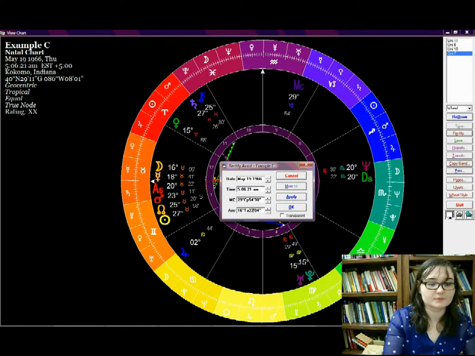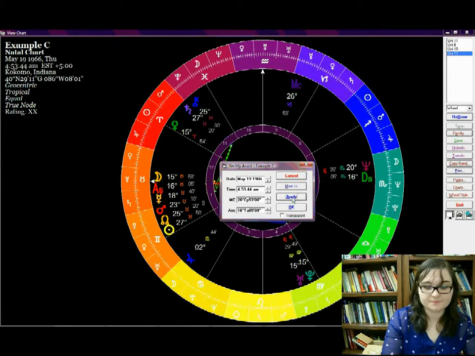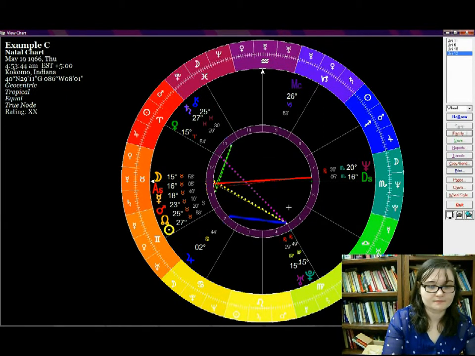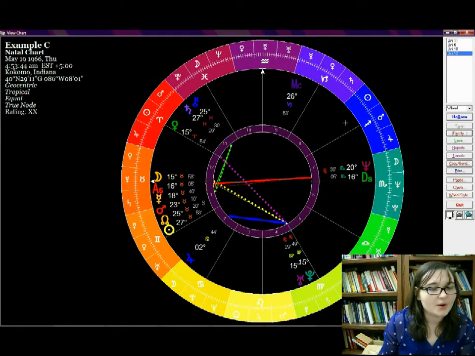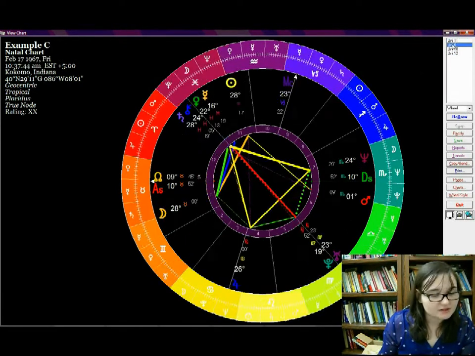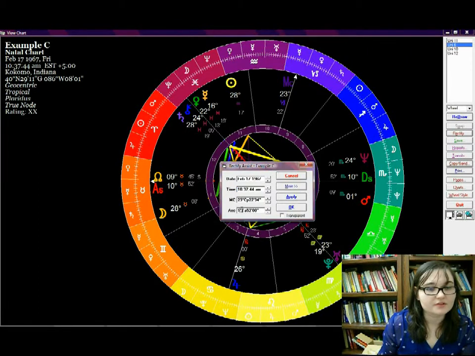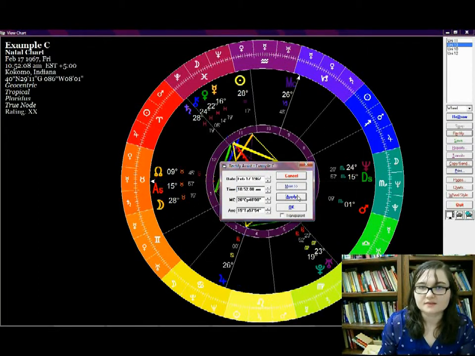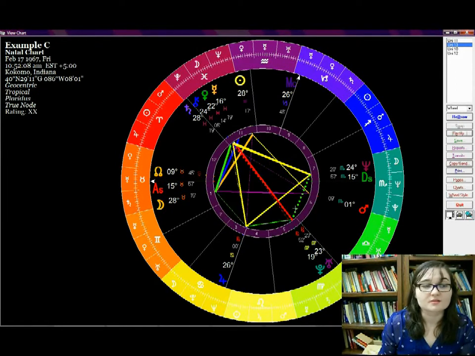Should be pretty simple. With that new ascendant degree, we get the moon at 15 degrees 58 minutes Taurus. So 15°58' is the degree that we want this person's birth chart to have for the ascendant.